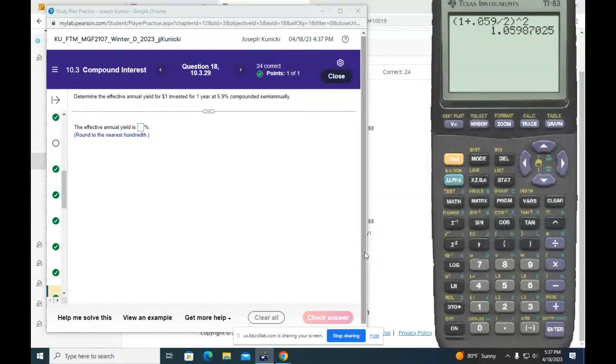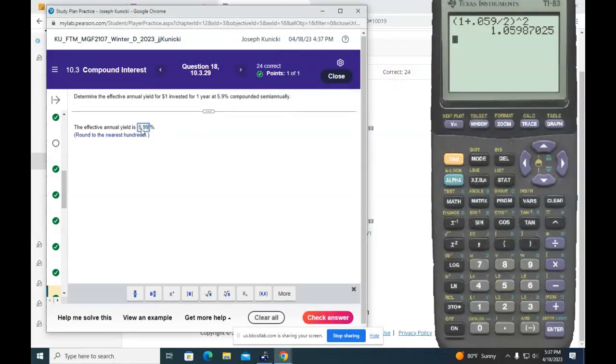So you can see that we got our dollar back. So there's our principal, and there's our interest. We would round it off to 6% interest, but as a percent, it's 5.99. So the APY is 5.99 to the nearest hundredth. If I round that decimal, we get 5.99%.